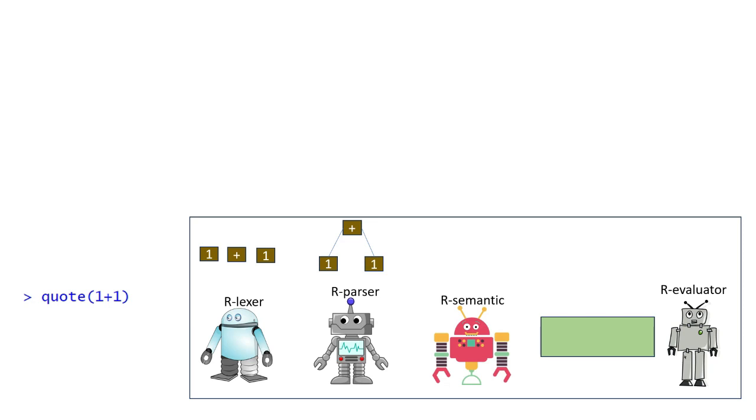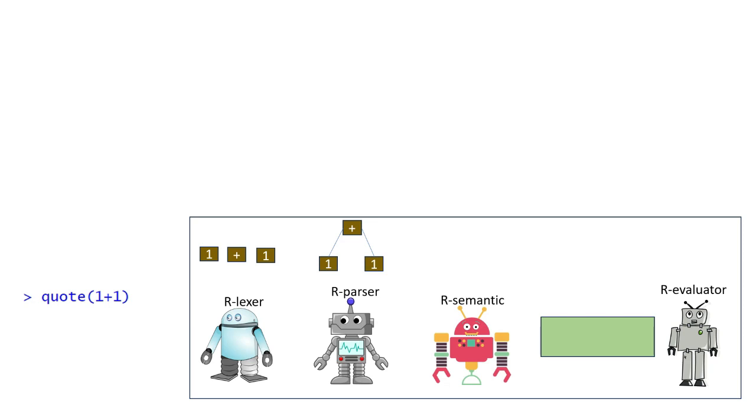Quote is a function by which you stop the R evaluator from evaluating. So you are only stopping the R evaluator, but under the hood the lexing, parsing and semantic check still happen, because quote only affects the R evaluator, not the rest of them.